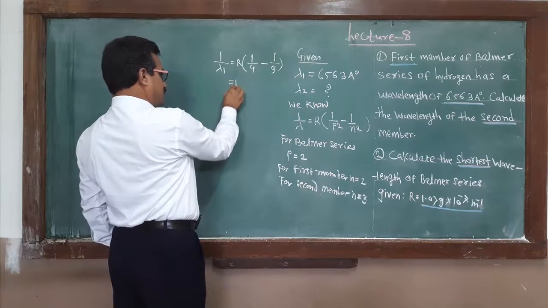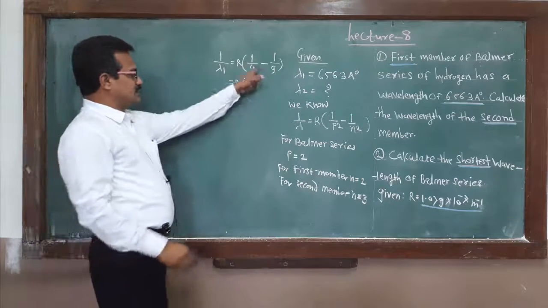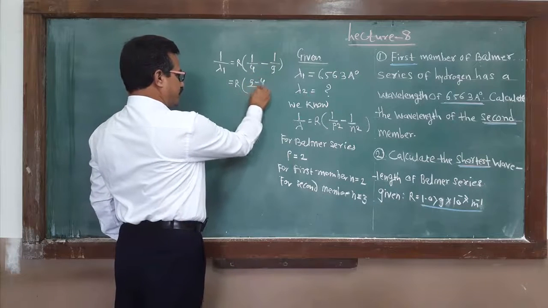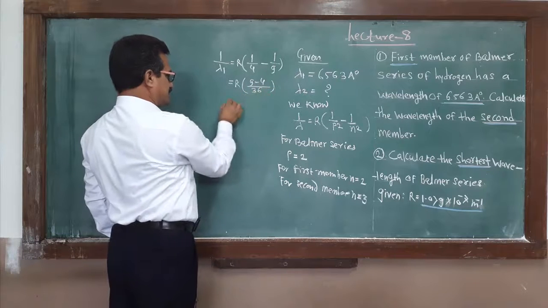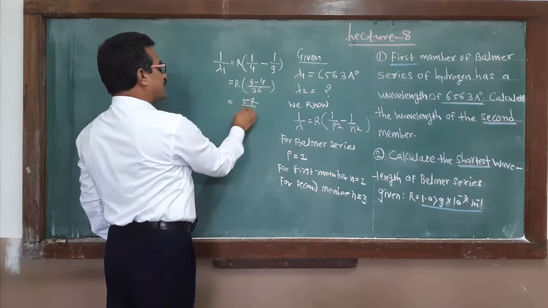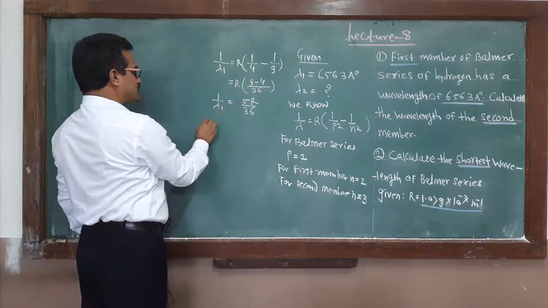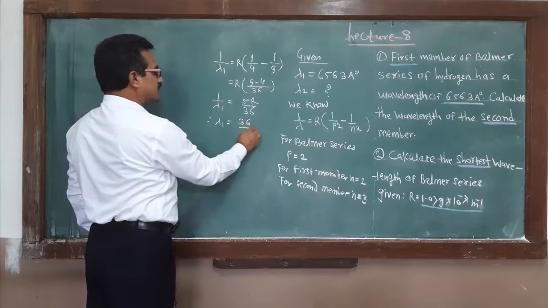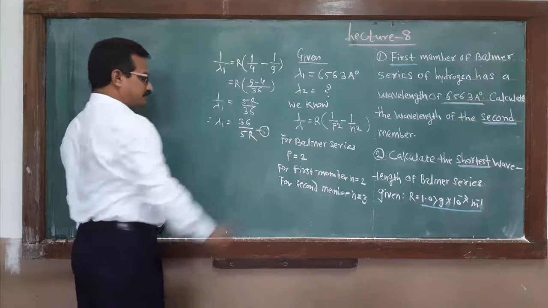That must be equal to R in bracket, 9 minus 4 over 9 multiplied by 4, here is 36. Means 5R divided by 36. Therefore, lambda 1 is equal to 36 divided by 5R. Call this equation first.